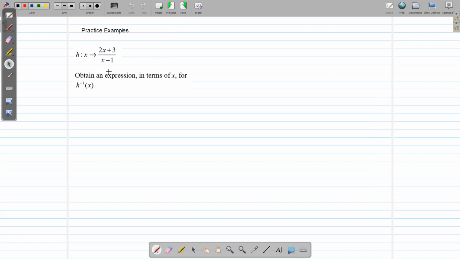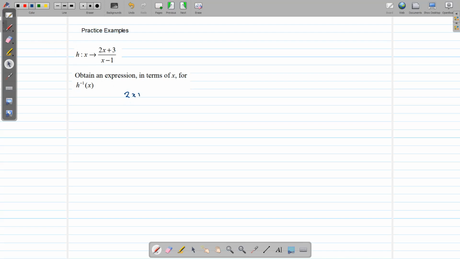The first question says, obtain an expression in x for h inverse, and I'm starting off with perhaps the most difficult one. h of x is equal to 2x plus 3 divided by x minus 1. The first thing we're going to do is to write the function and let it be equal to y.